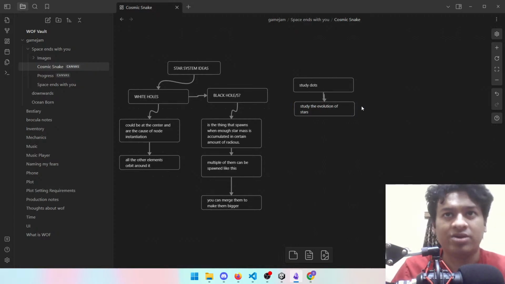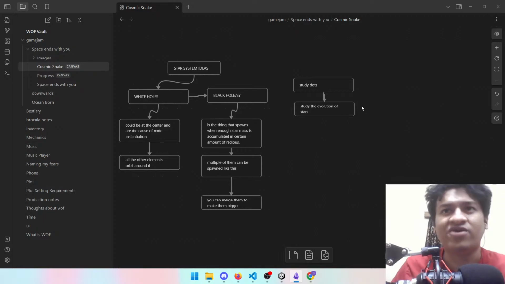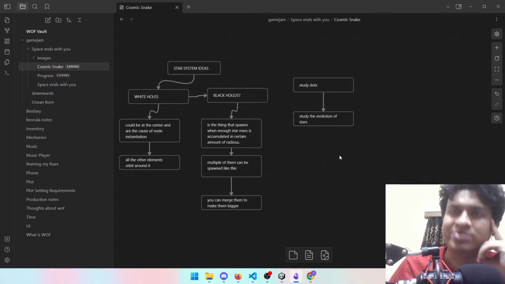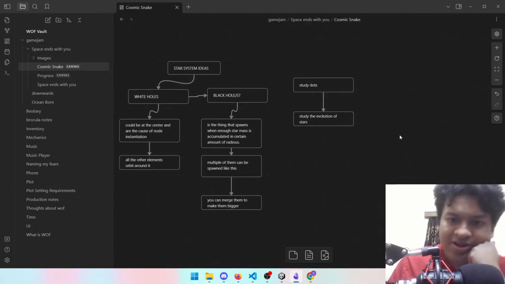How does a white dwarf evolve? What does it evolve into, and where does it come from? Like, who evolved into that guy? Figure that out so that we can make the thing be nice. We need to make mergers happen somehow, have two things merge into one. Yeah, and DOTS. I mean, studying DOTS would probably take up most of my time.